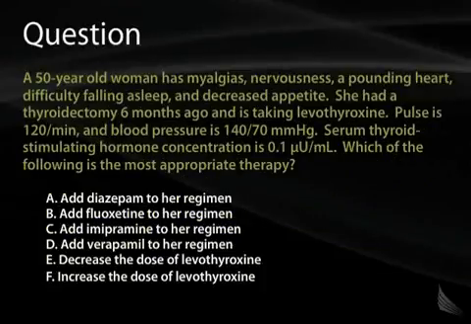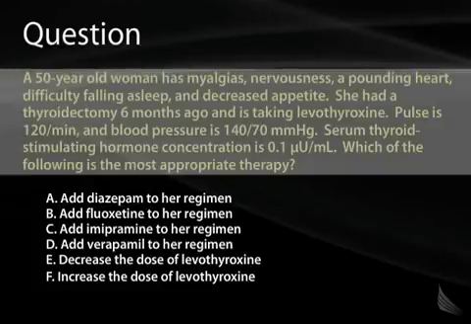So in this question, this is asking a question about the feedback mechanism that we just learned about. This is a 50-year-old woman who has myalgias, nervousness, pounding heart, difficulty falling asleep, and decreased appetite, suggesting symptomology of likely hyperthyroidism.